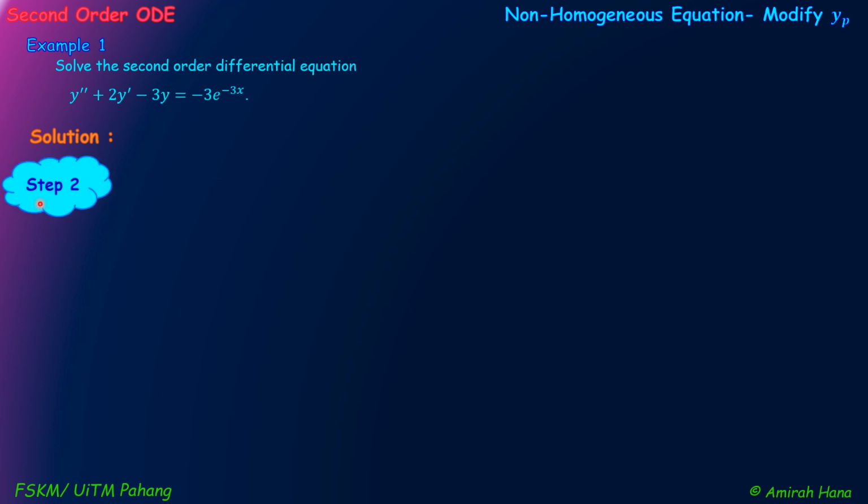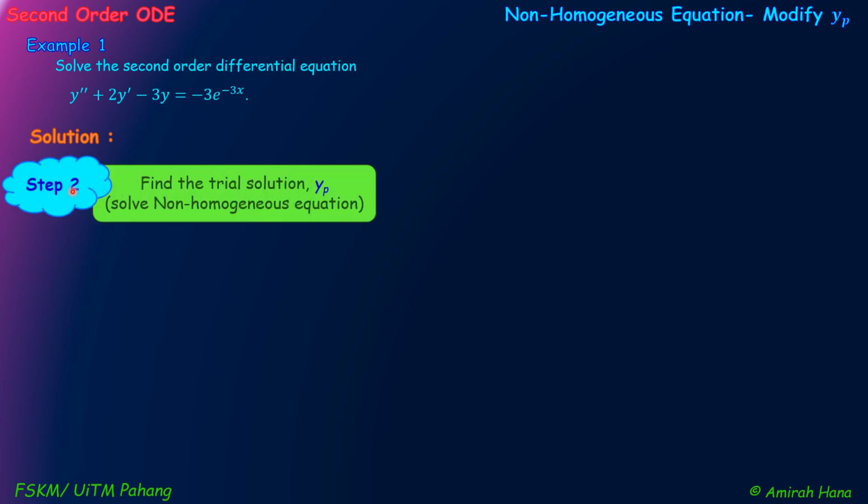Next, step 2. Find the trial solution YP. Means we need to solve the non-homogeneous equation. In this step, we need to identify Rx. And in this question, our Rx, which is the right-hand side of the second order ODE, equals to an exponential function.